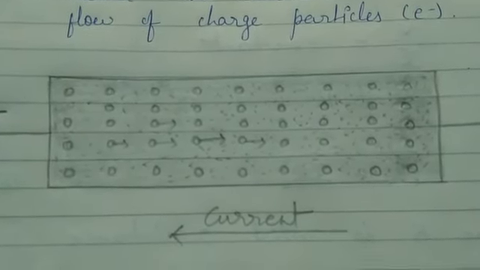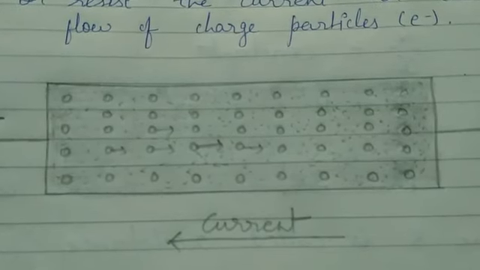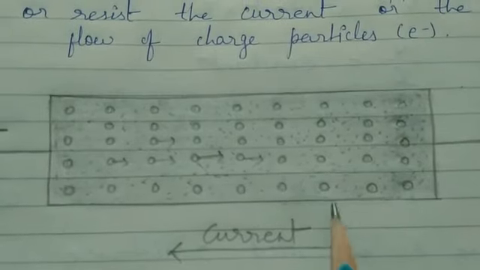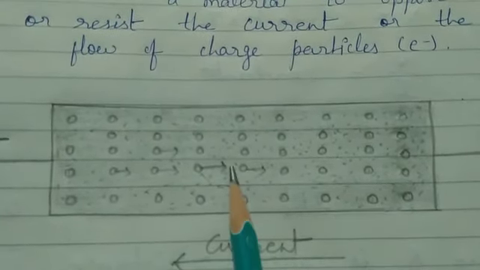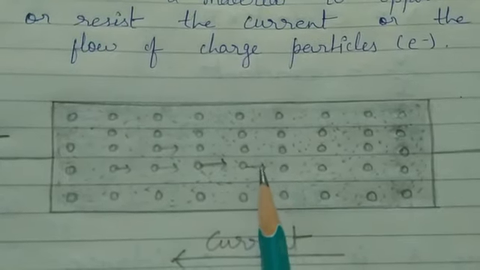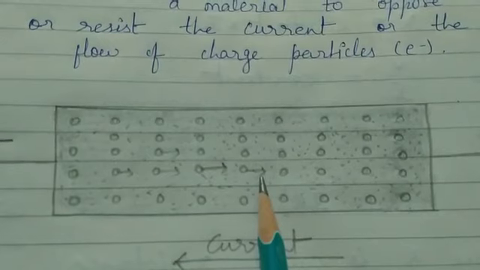And we all know the formula of current. It is Q upon T, that means flow of charge per unit time. Because of collision the flow of charge will decrease, and that's why the current also decreases. So is it clear students?